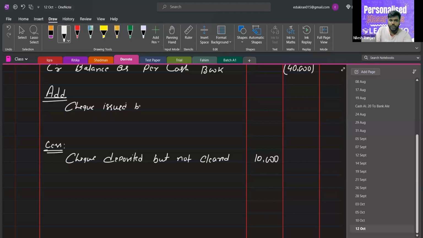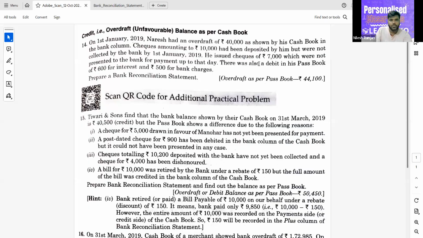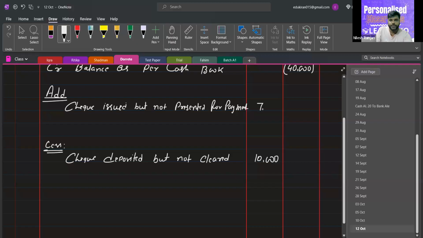Check issued but not presented for payment. So the amount will be 7,000. Is this clear? Yes, sir.